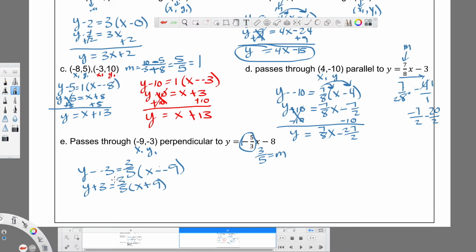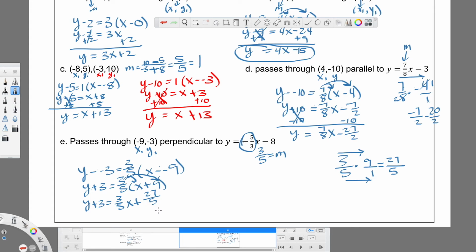Now we can distribute this fraction here. So we need 3/5 x, because I'm multiplying by 3/5. I'm going to multiply here. So 3/5 times 9. I can't reduce anything. I'm just going to multiply across the top. That's going to give you 27, and I'm going to multiply across the bottom. It's going to give me 5. So I'm going to have plus 27/5.